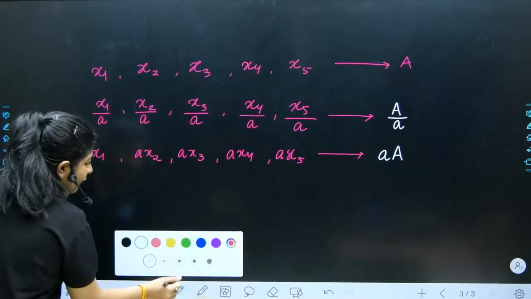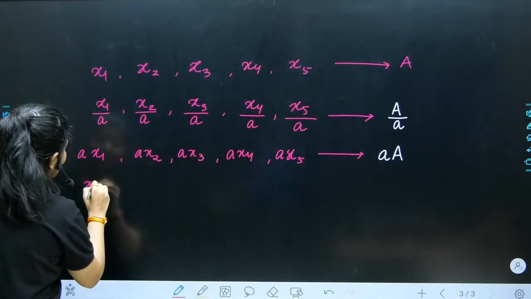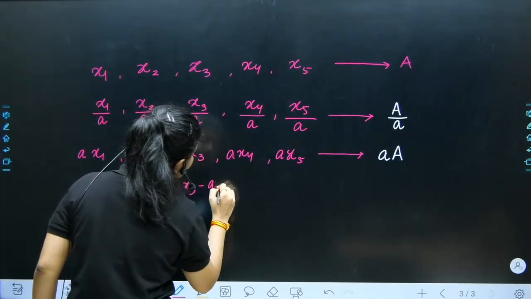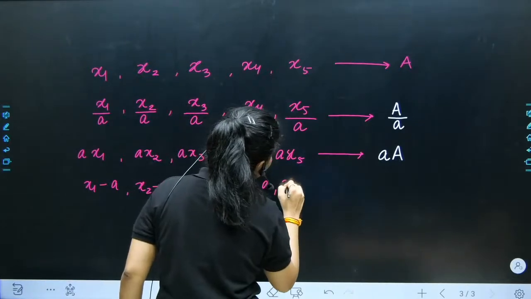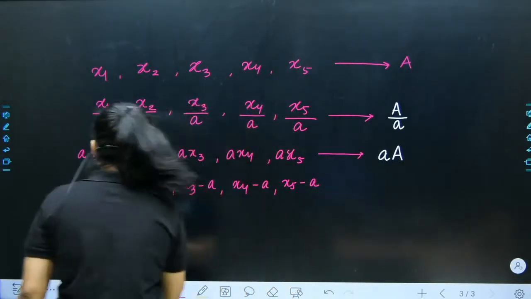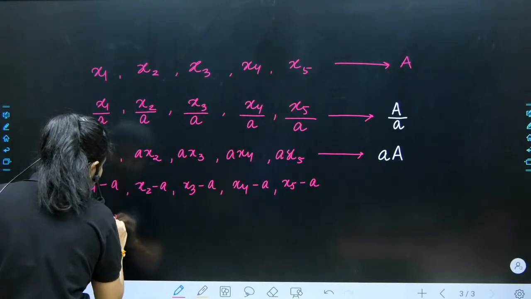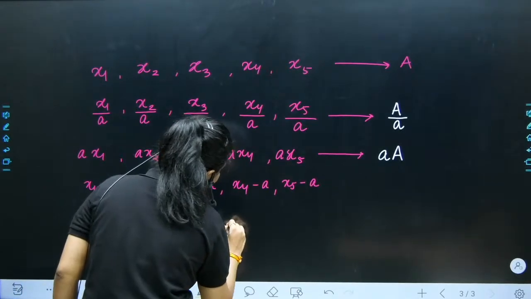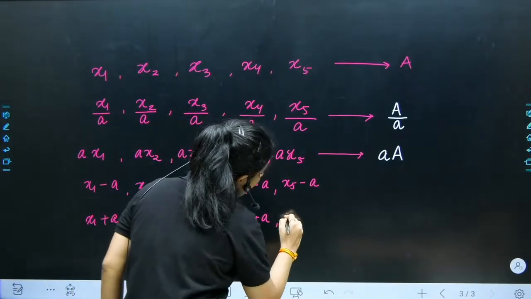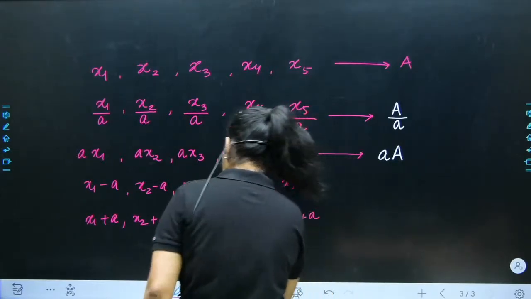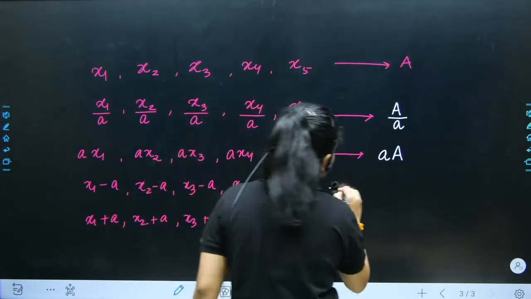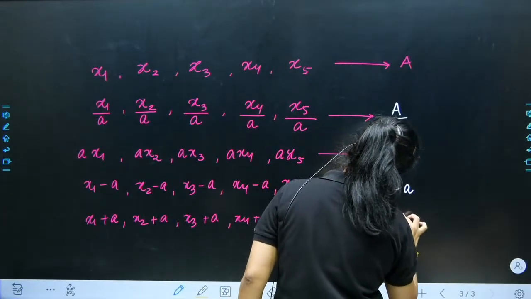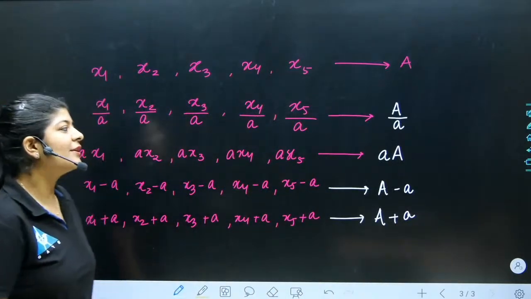So if I write my terms like x1 minus a, x2 minus a, x3 minus a, x4 minus a, x5 minus a, and if I have my terms like x1 plus a, x2 plus a, x3 plus a, x4 plus a and x5 plus a, then my new average will become capital A minus a over here and capital A plus a here.